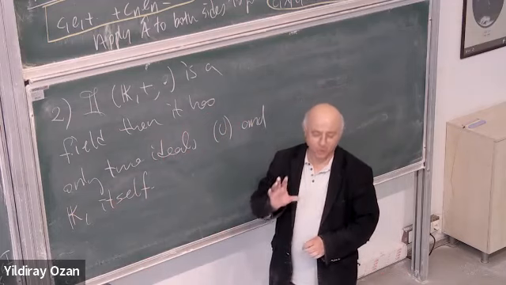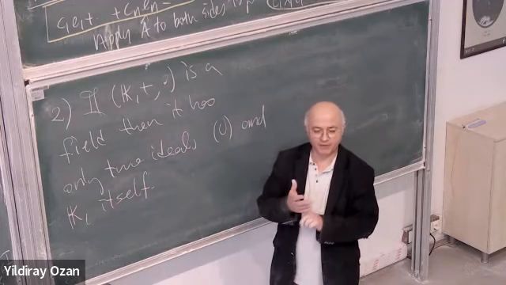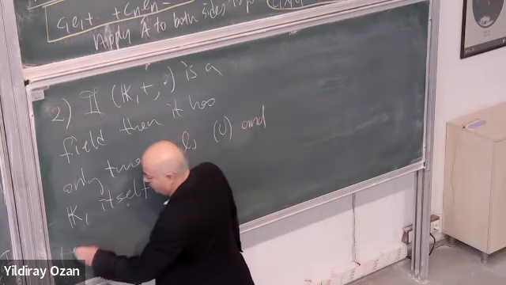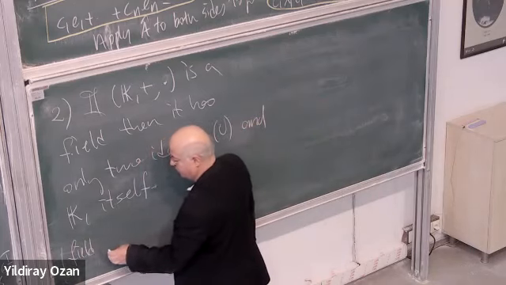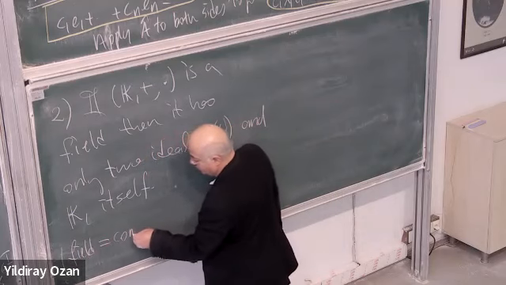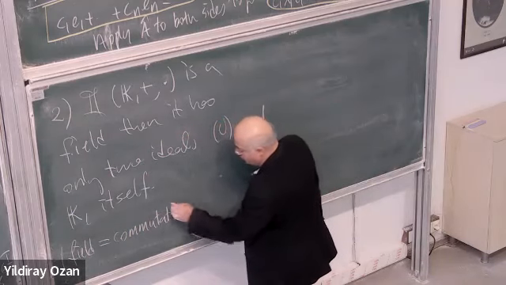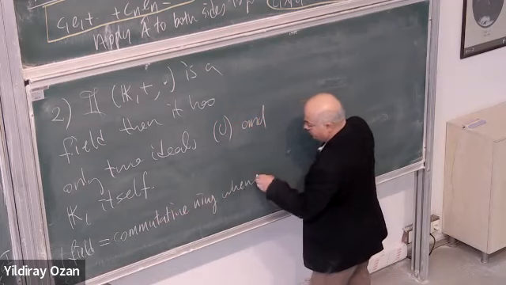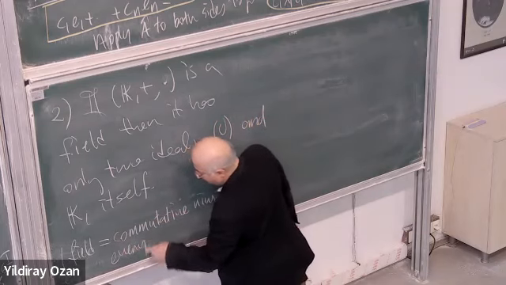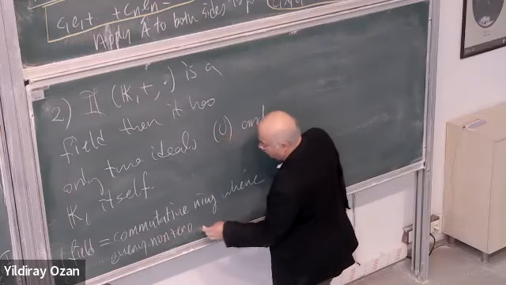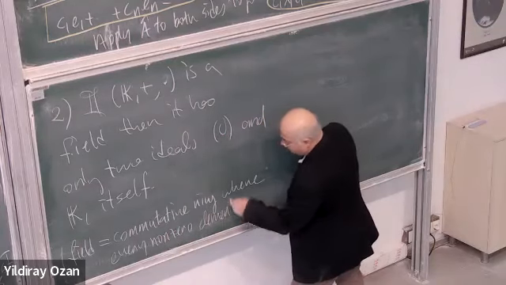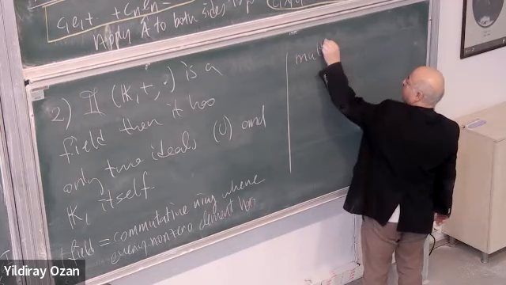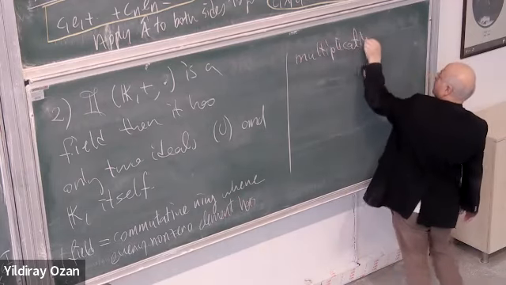A field is a commutative ring, but every non-zero element has a multiplicative inverse.